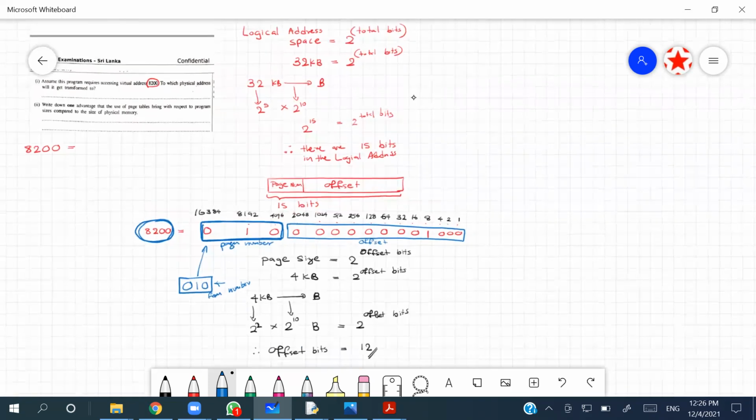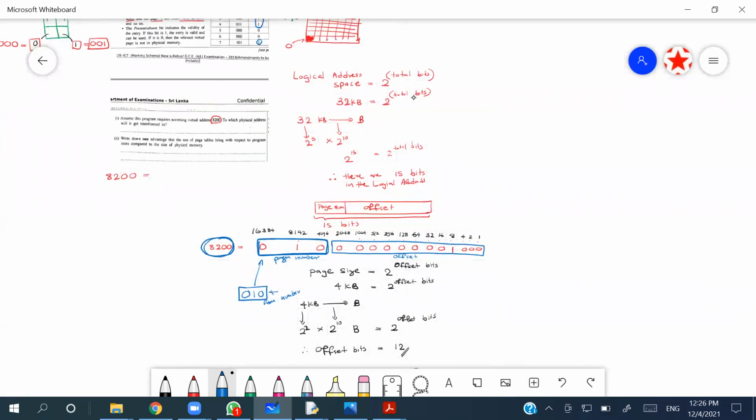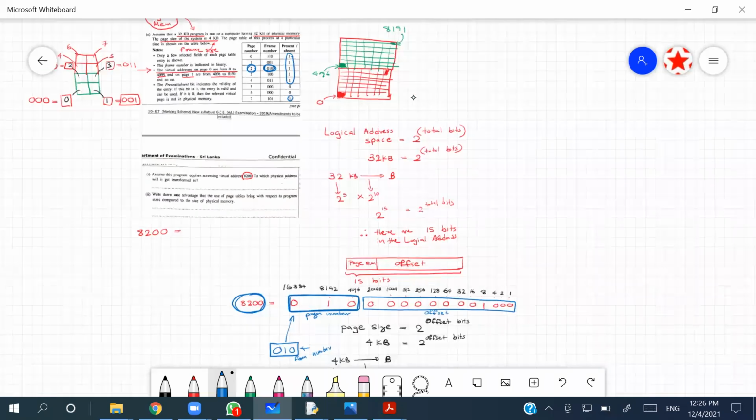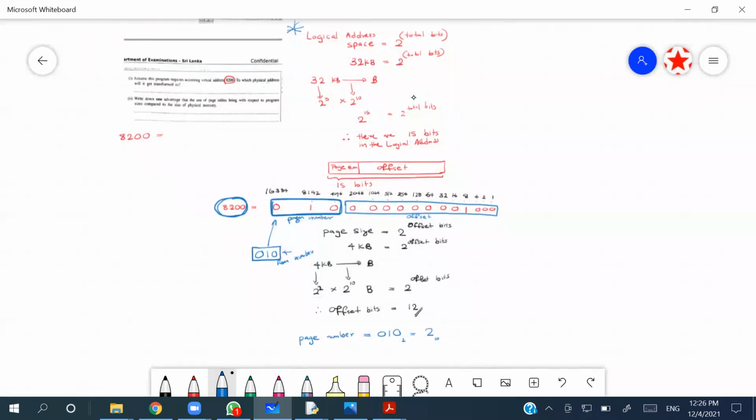Right. So now you can write this down. We will start doing our calculation from here. So you can start writing it. Let me do a small change here.